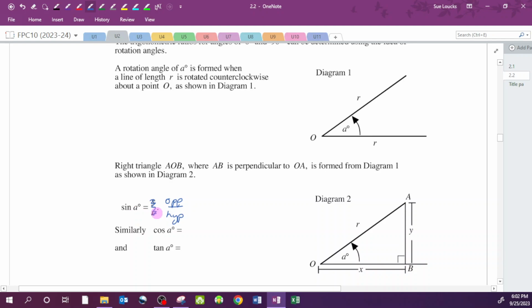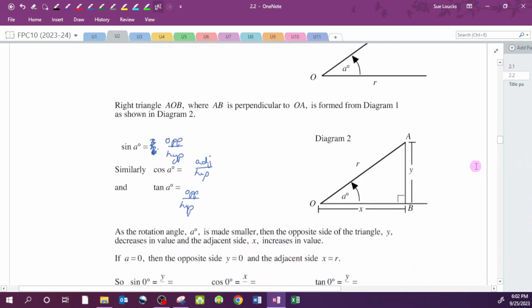You don't need that in grade 10. You can worry about that in grade 11. So cos A is still the adjacent over the hypotenuse, and the tan is opposite over the adjacent. So this isn't actually changing anything, until we get down to the next bit.